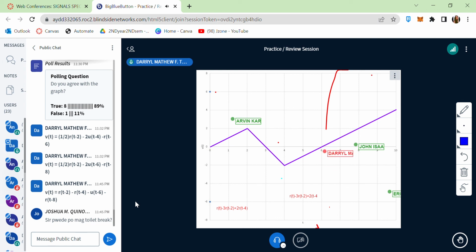Nagbago yung v natin by 2 pagkatapos niya mag-move forward by 2. So, definition ng slope ulit, rise over run. Yung rise niya is 2, yung run niya is 2. Therefore, yung slope niya is 1.